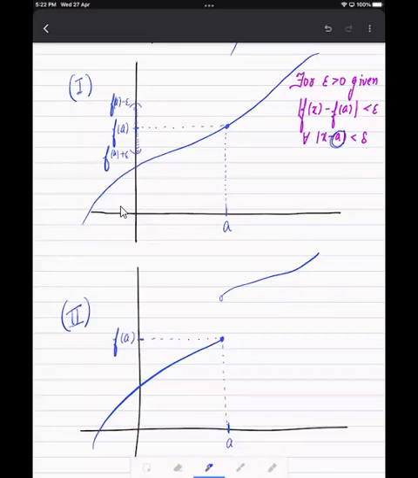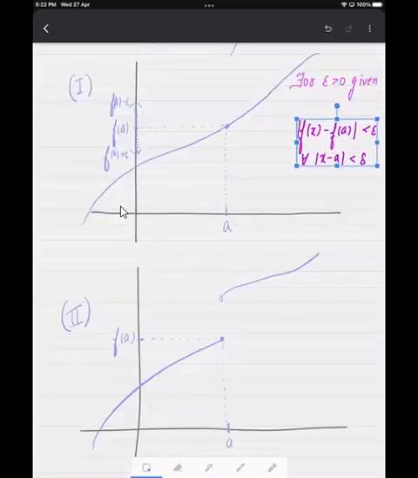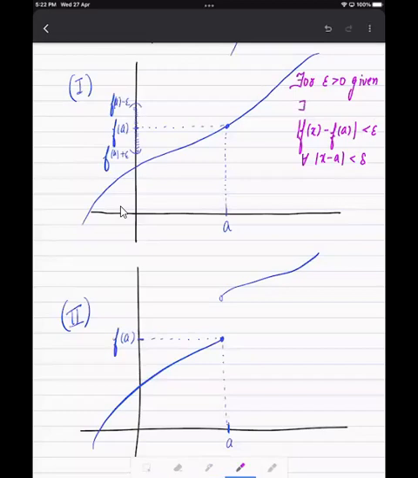It should be: for epsilon greater than 0 given, there exists a delta greater than 0 such that. So now you'll have to find a delta.